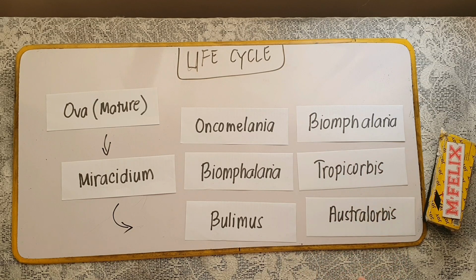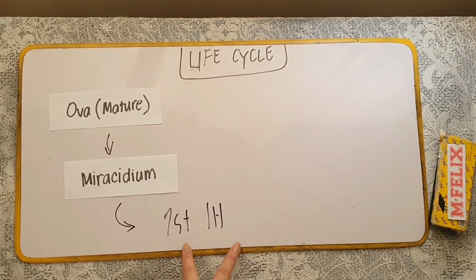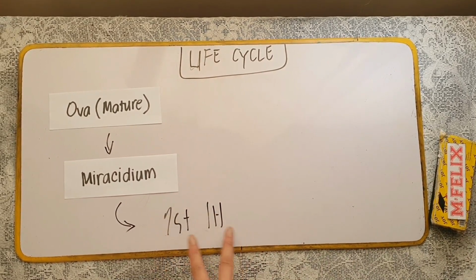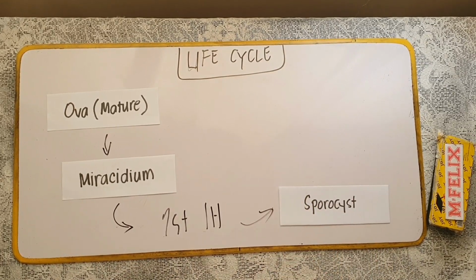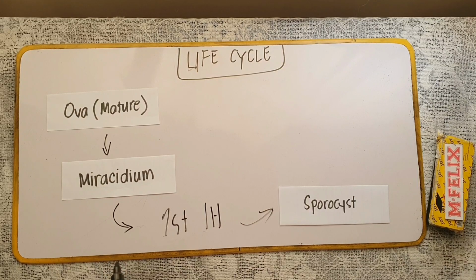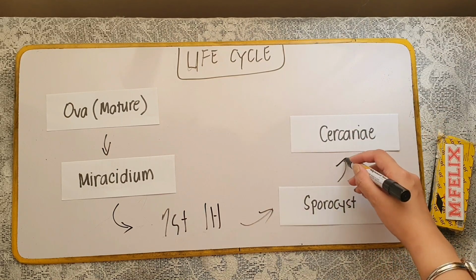Now, once the miracidium is inside the first intermediate snail host, it will develop into sporocyst. And from these developmental stages, this sporocyst will then turn into cercaria.